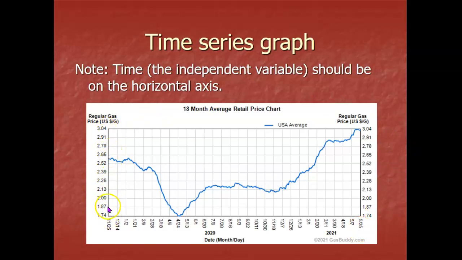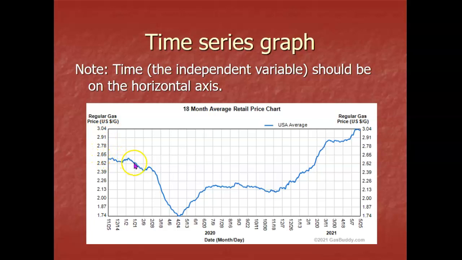And on the vertical axis, we have the thing that's changing over time. In this case, the average price of a gallon of regular gas. So over the time period we were looking at, that price ranged from a low of $1.74 to a high of $3.04.